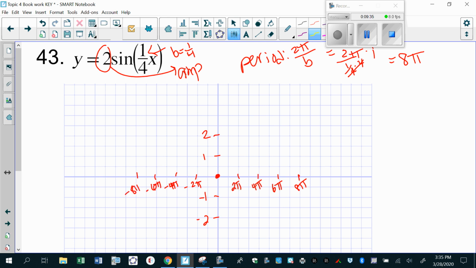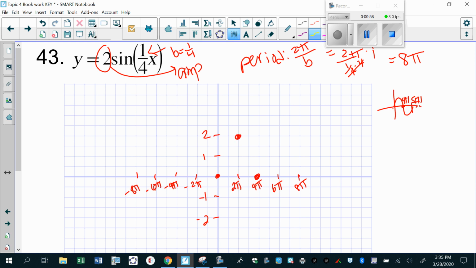8 pi. Okay, so now we're sine again. So here's my regular sine. And we need to go up to 2 and down to 2, and it's taking us 8 pi to get through a cycle, which means this is 4 pi in the middle, where I'm hitting 0. Notice I'm using my sketch.